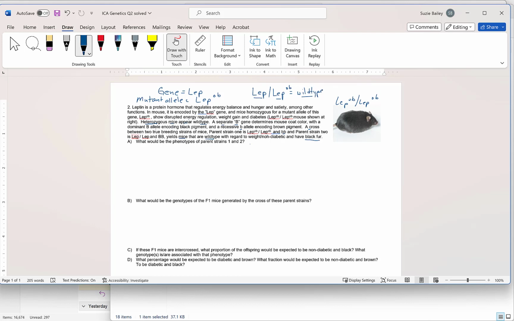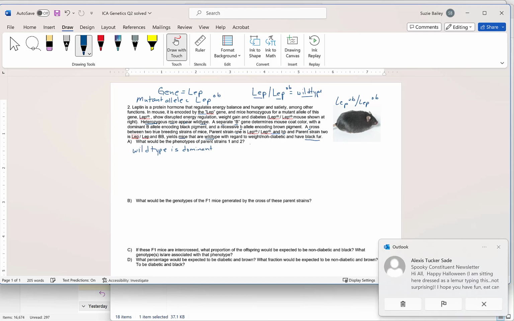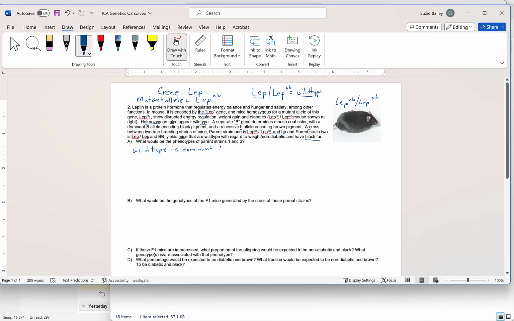What that tells us is that the wild type phenotype with regard to the LEP gene is dominant. And remember, that phenotype was associated with that wild type LEP allele.